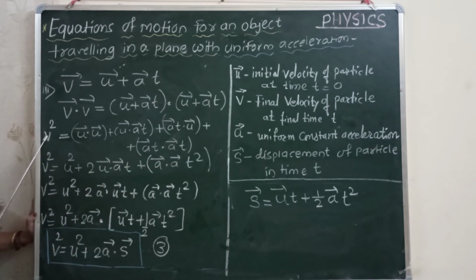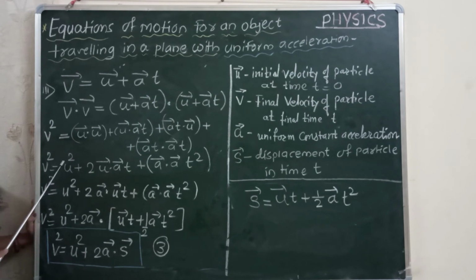Simplify this equation. We will get v square is equal to u dot u. Again it is a self dot product, so u dot u becomes u square.